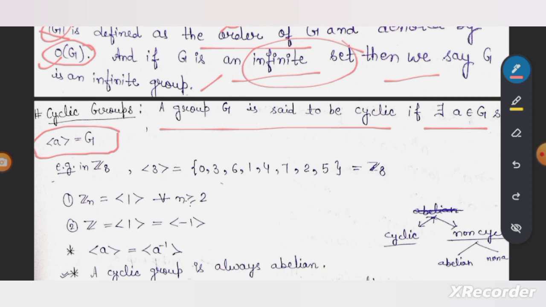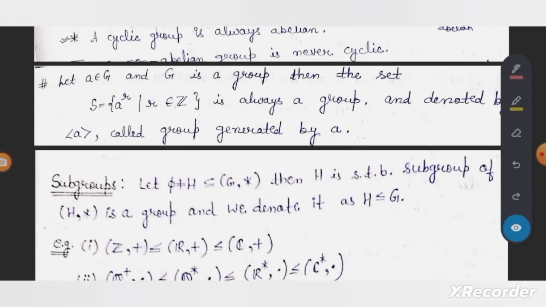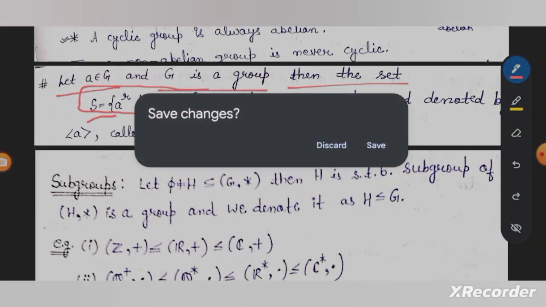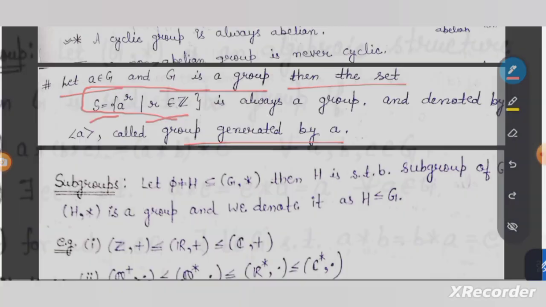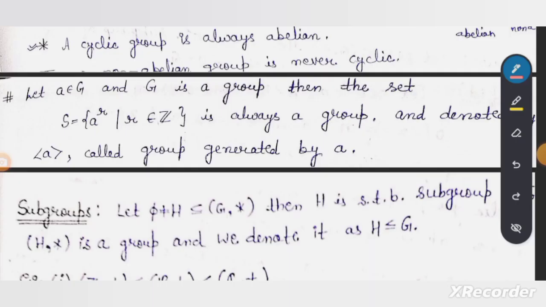So let me first give you the definition of group generated by A. Let A belong to G and G is a group.